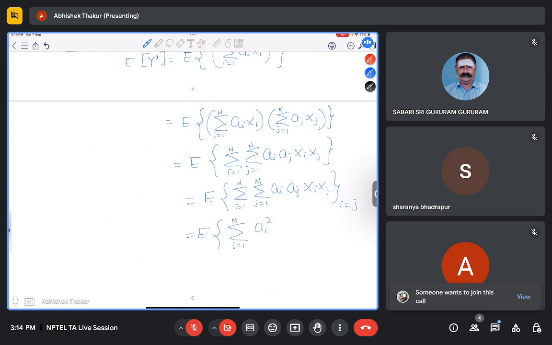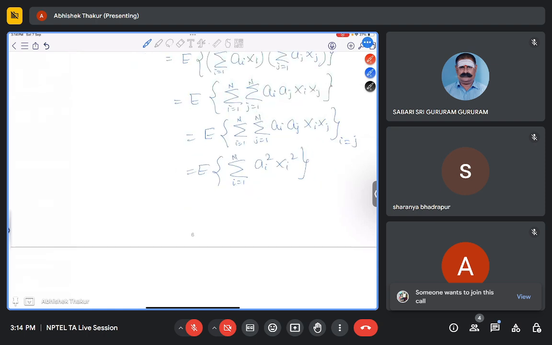So it will become ai square and xi square. Now expectation of xi square will be sigma i square. So ai square is a constant and comes out, and this will be sigma i square, with summation i equal to 1 to n.